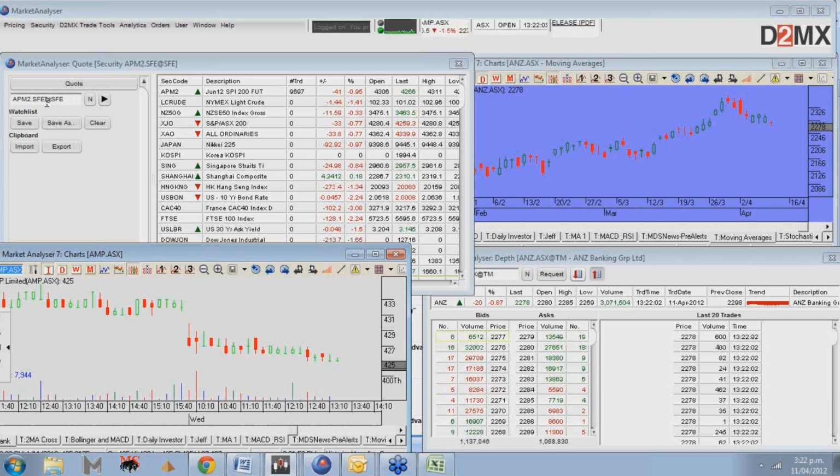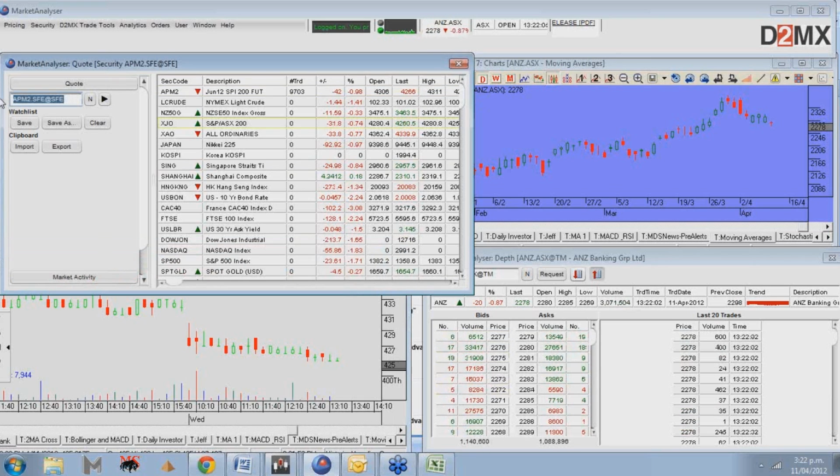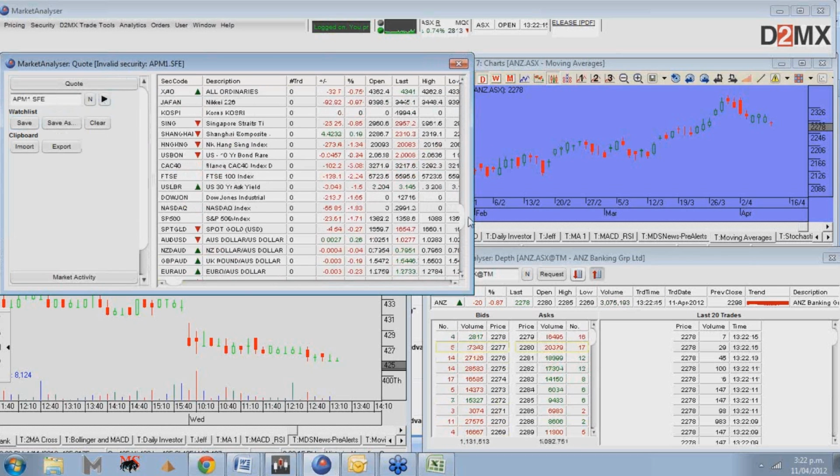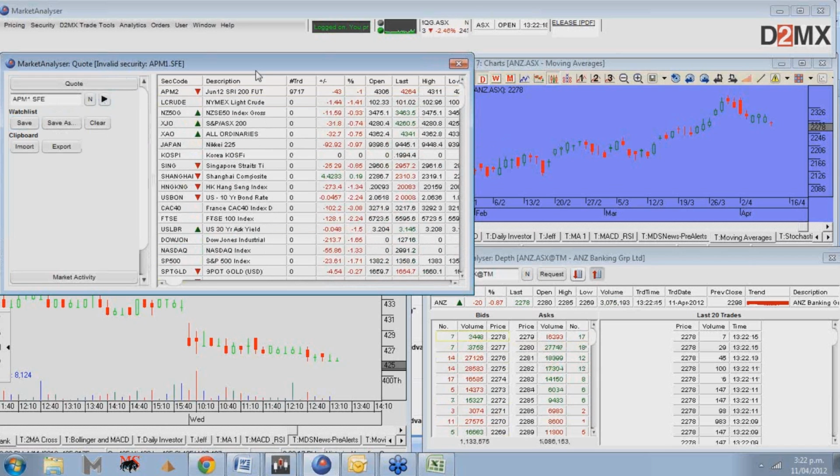So, Jason's question there, APM2 SFE we've got in here, APM1.SFE. We'll push that across. Where is it? The APM1 is not SFE.